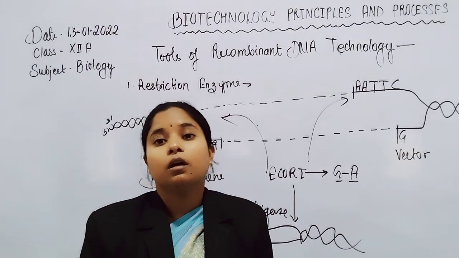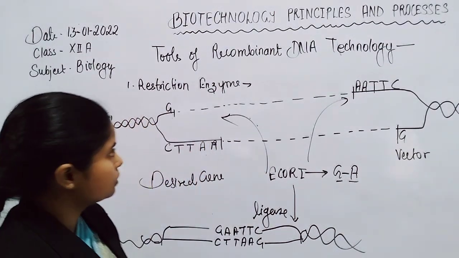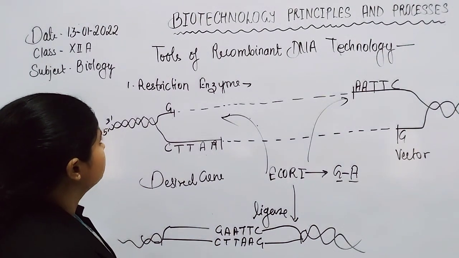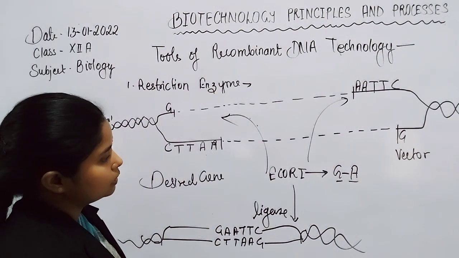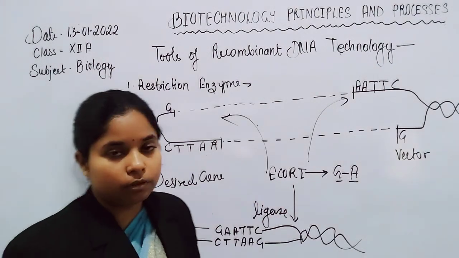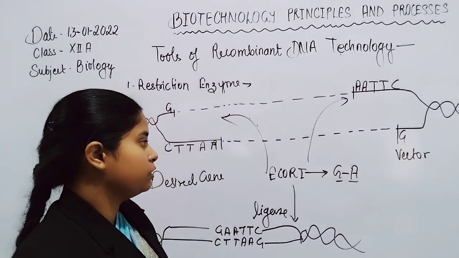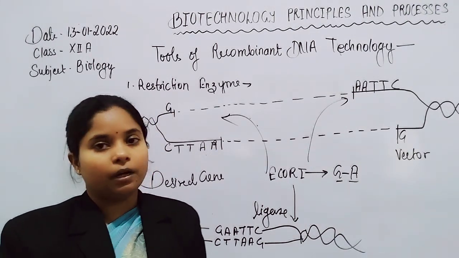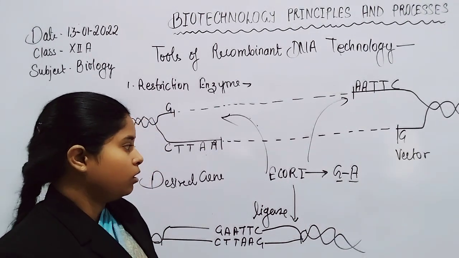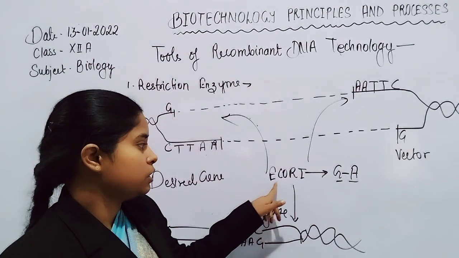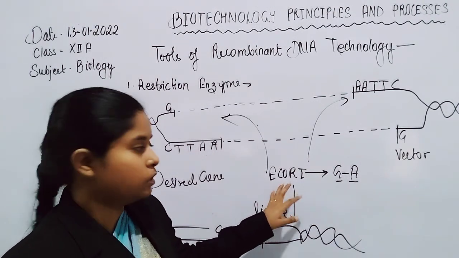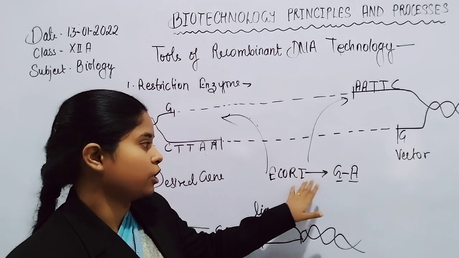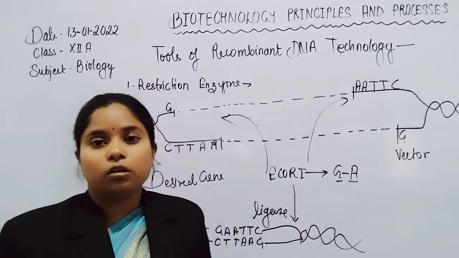After the discovery, what is the naming system of the restriction enzyme? First we discuss with the help of an example, EcoRI, which is isolated from the Escherichia coli RY13 strain. E denotes the genus, Co denotes the species name, R is the strain, and I is the order of isolation.